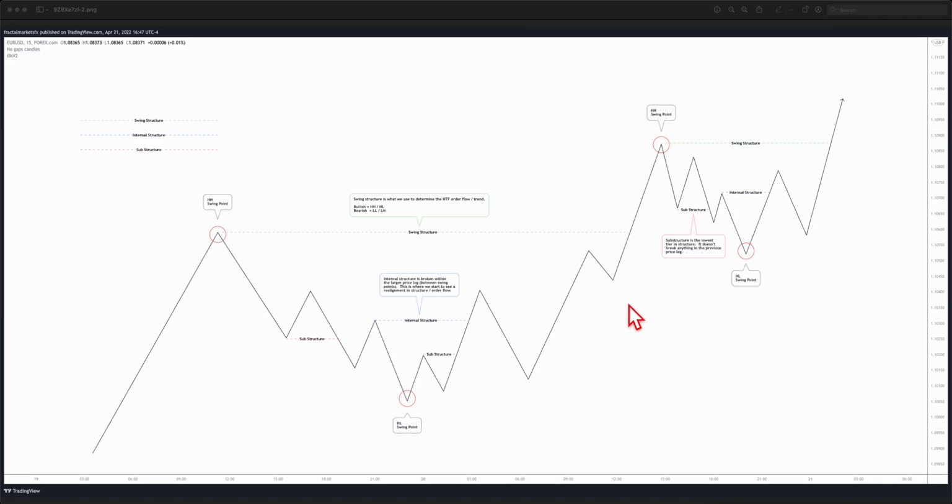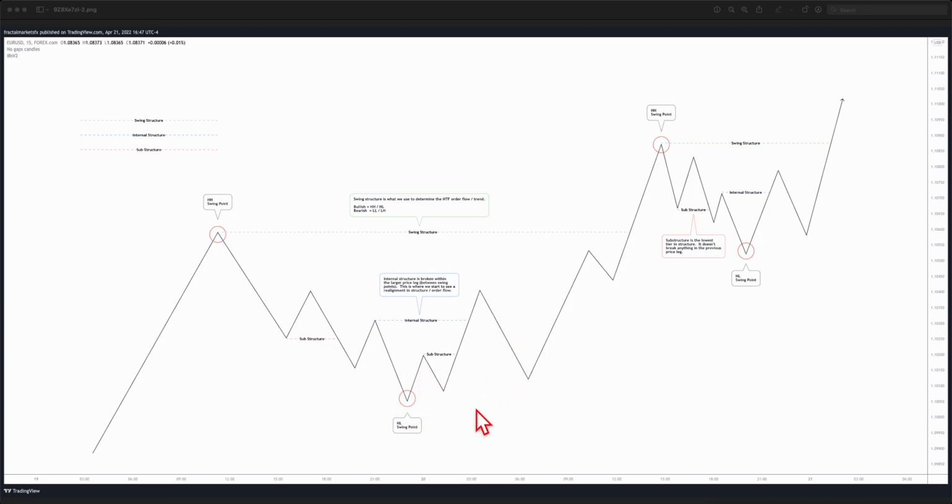calibrate this conversation, we'll start over with substructure. Substructure is the lowest tier in structure. It doesn't really hold a whole lot of significance unless we are trading counter trend. Obviously, if we break a substructure leg, we would look to trade within the premium of this leg to be able to trade this down into these levels where we would potentially look for a pro trend move.